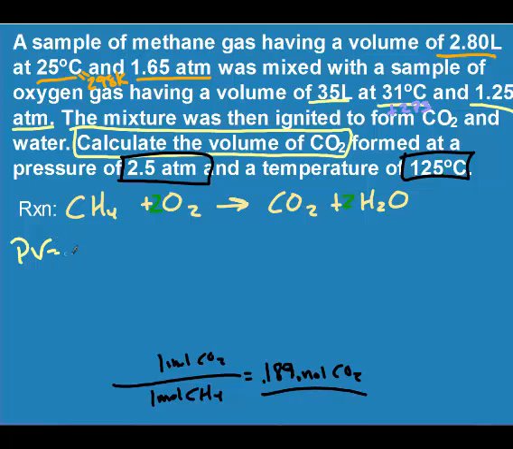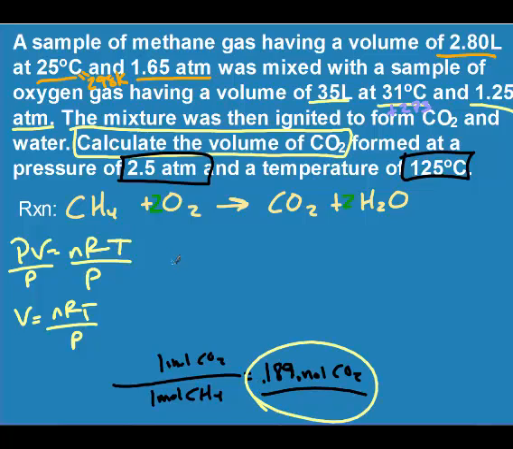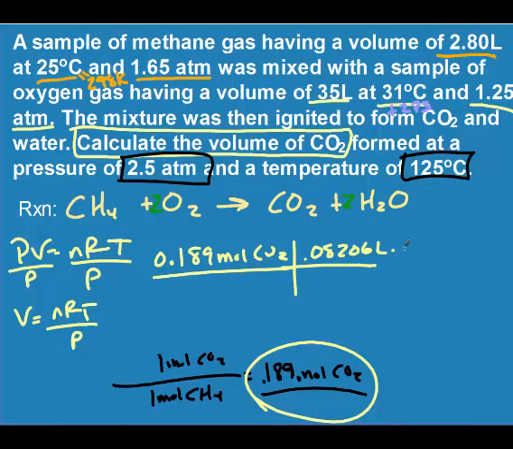So PV equals nRT. This time I'm solving for volume. So volume is equal to nRT over P. I know my moles. I know my R because it's a constant.